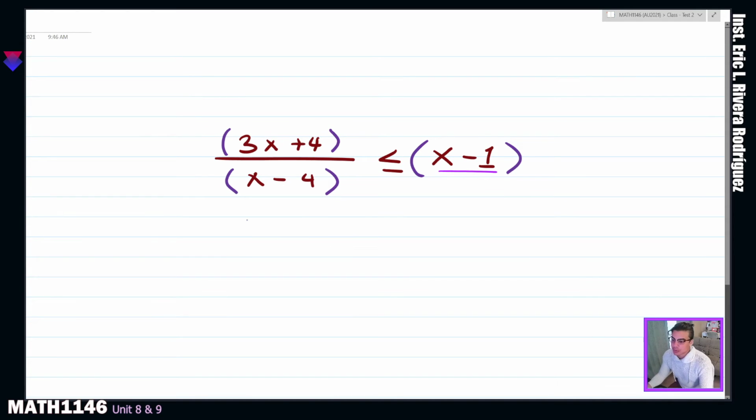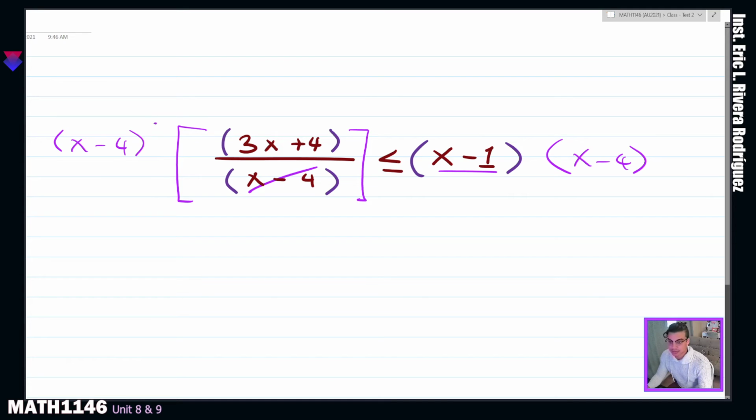And the question Amanda made is, Amanda, correct me if I'm wrong, why we just don't multiply both sides of the equation on the inequality by x minus 4? That way we cancel out this denominator and voila, there's no fraction. What's the problem with this?